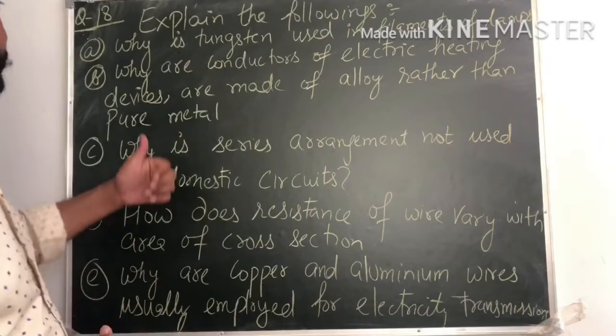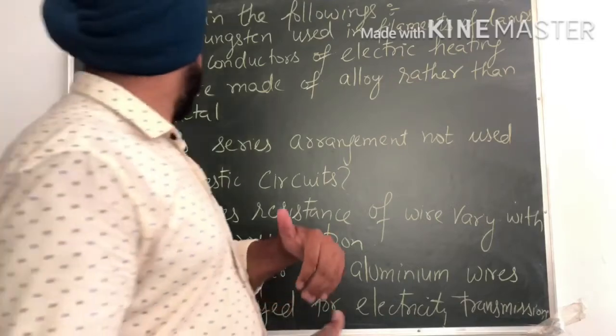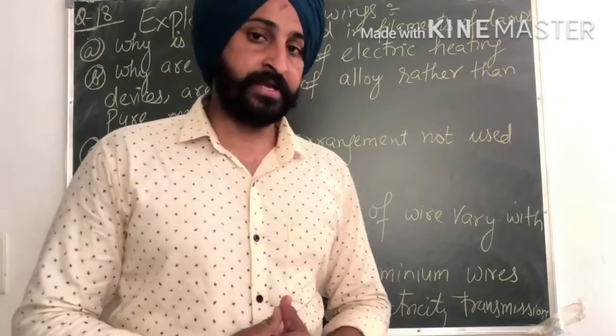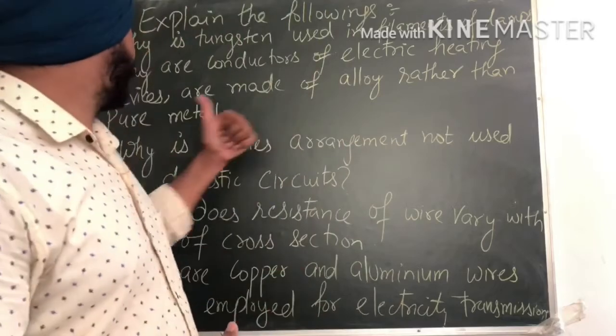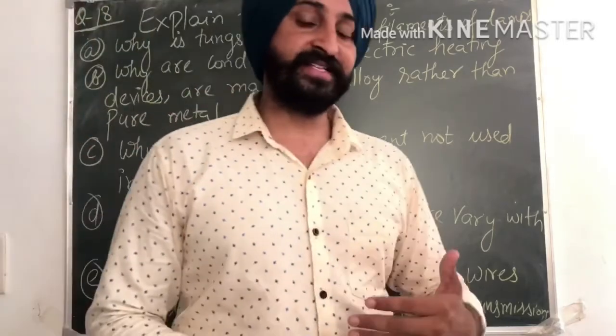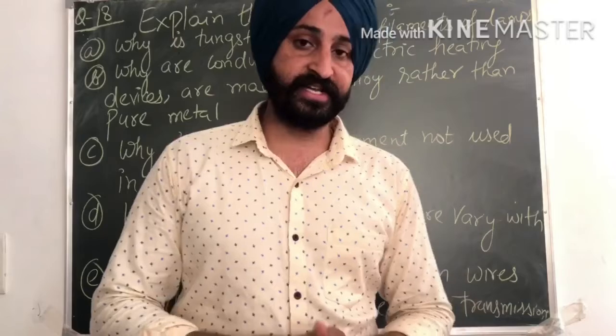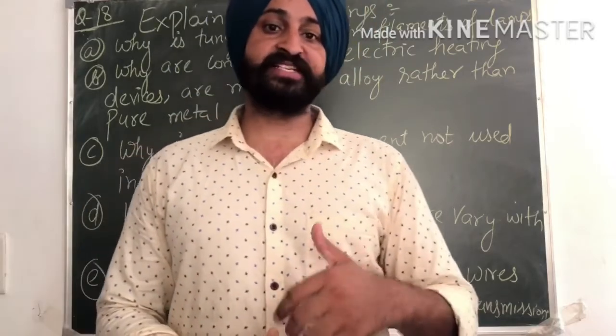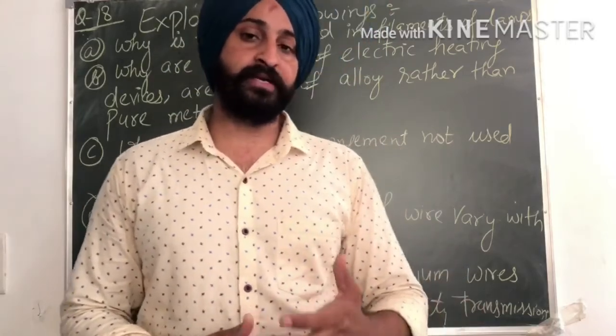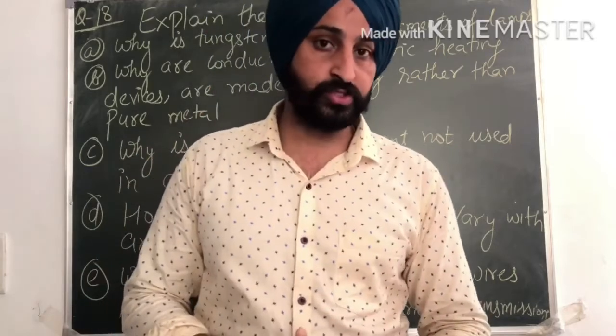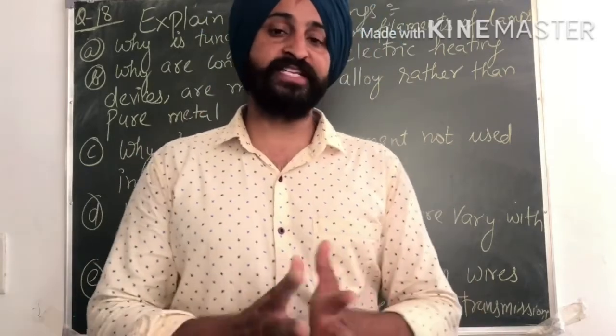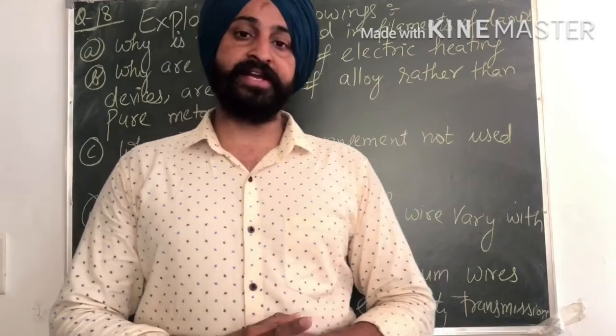And second part is, why are conductors of electric heating devices made up of alloys rather than pure metals? What are electric heating devices? These are the devices which produce heat from electricity. For example, you have an electric iron, a toaster, a heater. So all these devices are electric heating devices.